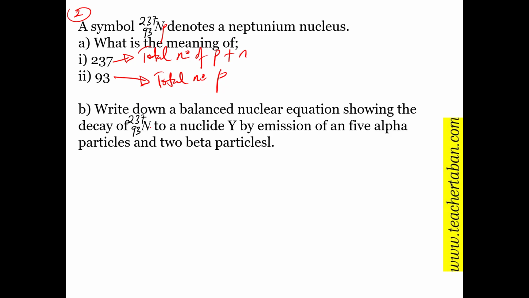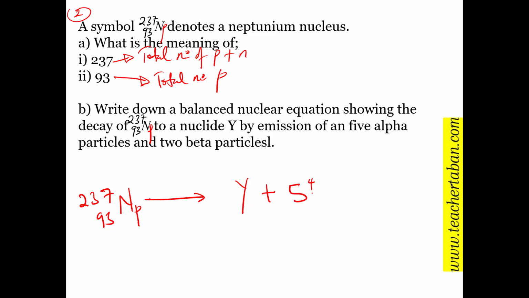Then they go ahead and tell us to write down a balanced nuclear equation showing the decay of neptunium to a nuclide Y by emission of 5 alpha particles and 2 beta particles. So I'll simply have my solution as 237 93 NP. This one decays to give off another nuclide Y, and then plus 5 alpha particles.